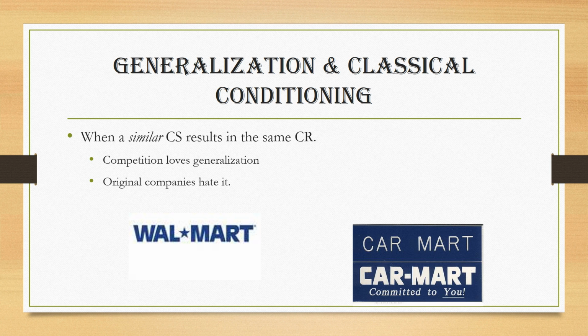Obviously, the original company hates this, because people end up buying other products rather than your own. I know Walmart doesn't sell cars, but they do have an automotive department, and you think that CarMart is an extension. Walmart doesn't like that, and lawsuits can be very common in that regard. So a generalization occurs when a similar conditioned stimulus, a similar product, gets the same response and you end up buying the other product as well.